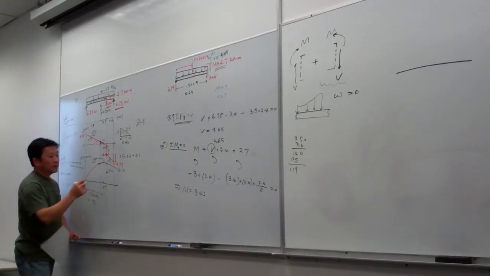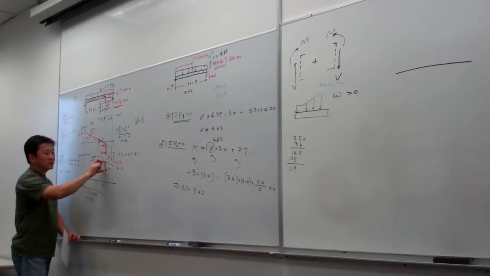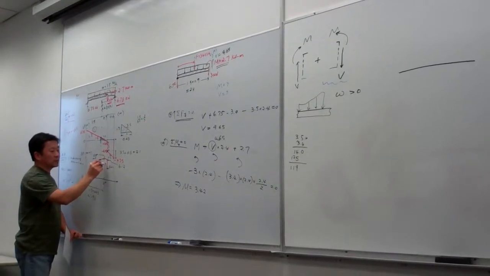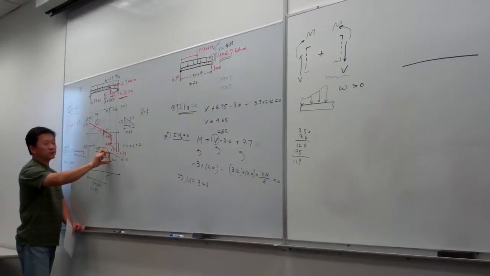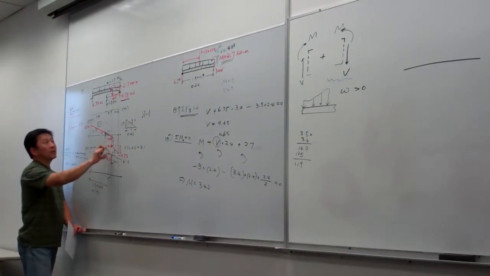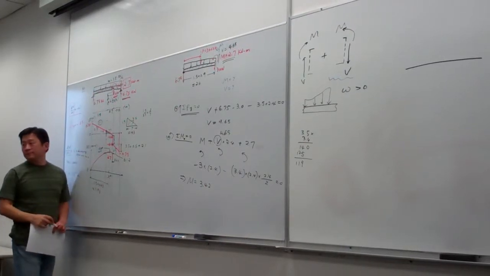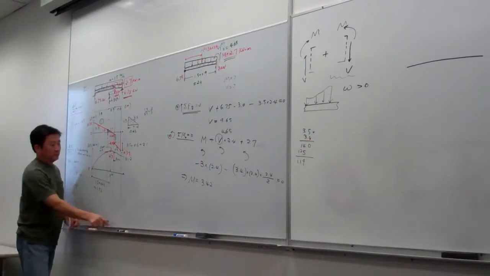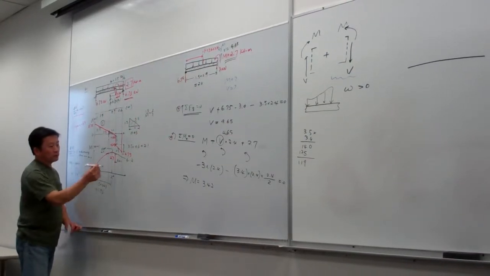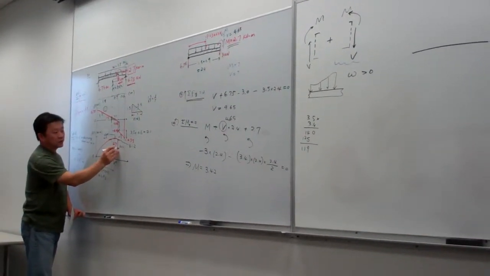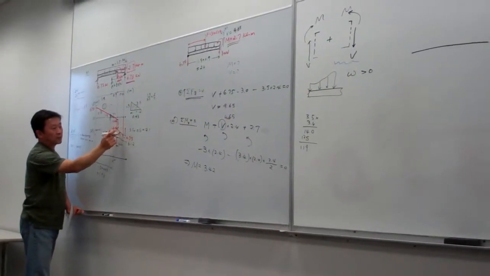So here we have a discontinuity. This discontinuity is exactly 2.7. 2.7 is the discrepancy at this point, and that is exactly provided by this amount. Now from this point onward, we continue using the parabolic curve, and in this range the slope becomes negative.